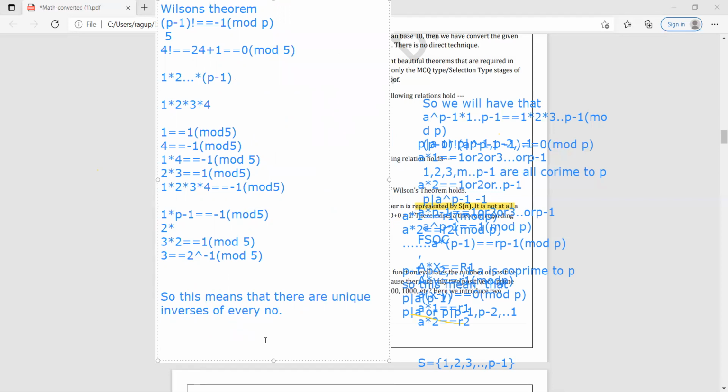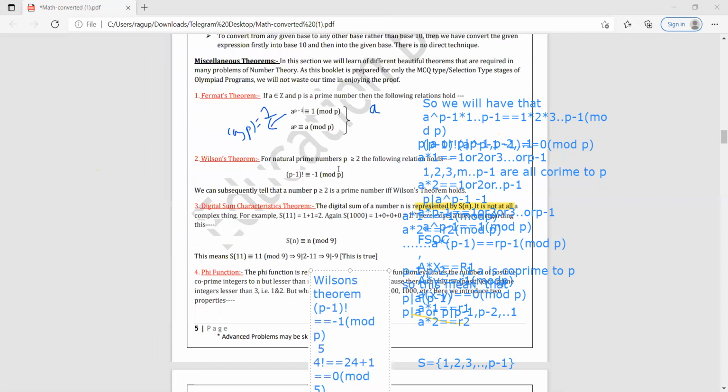So this was the basic idea, that there exist unique inverses like this. You can find the full proof on the internet if you want to see. So anyway, let's move on.